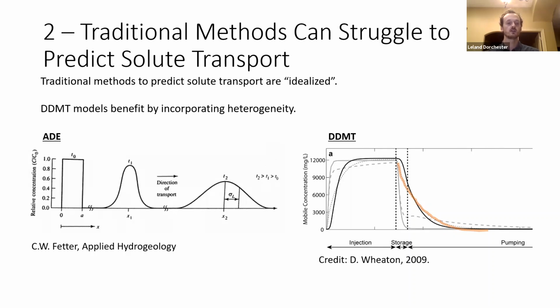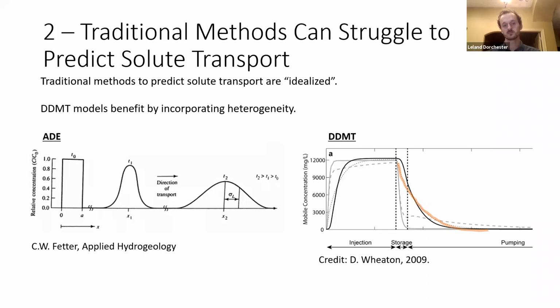So anyways here, on the left-hand side, if you were to assume homogeneity and work with one of those more traditional models, such as the advection dispersion equation, you would see that contaminant spreads in a nice homogeneous fashion. So we'll have the same amount of spreading on the front end of the plume as we will on the back end of the plume. So we can see that graphically here on these concentration breakthrough curves, which create a nice Gaussian shape.